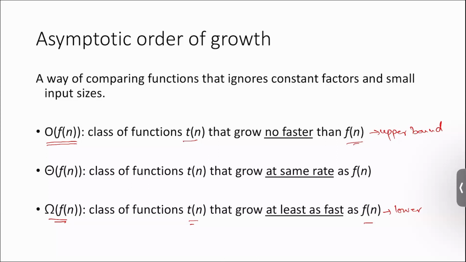Whereas theta is a tight bound, between the upper bound and the lower bound, so t of n grows the same as f of n.